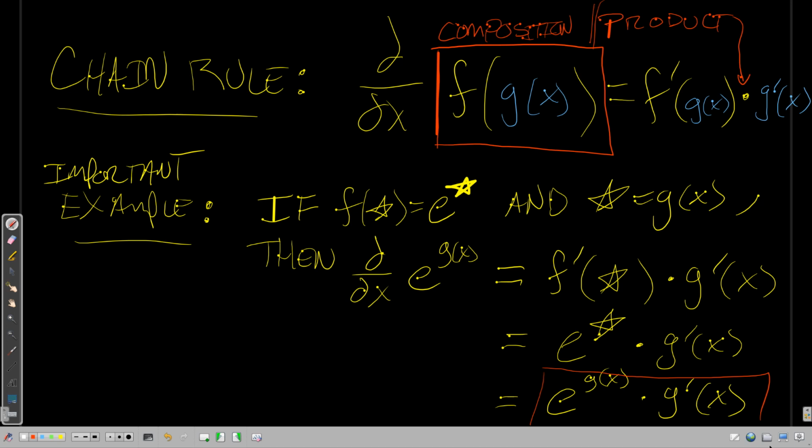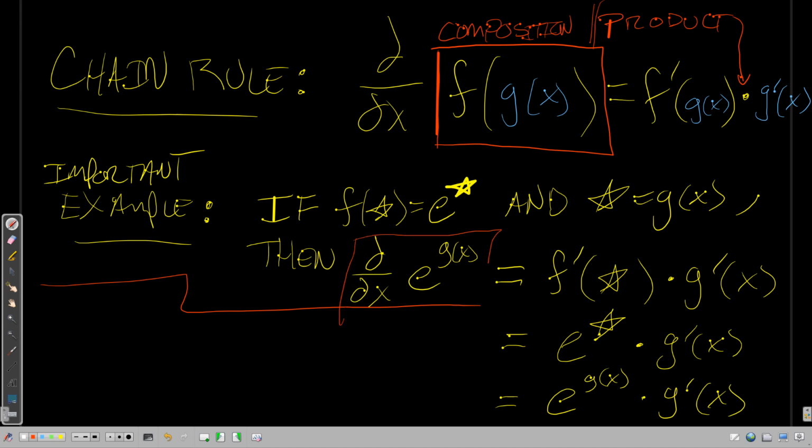Like this is a special case, not a special case. For a little while they did this as a separate rule. We don't need it as a separate rule. We have the chain rule. The separate rule was if you have the derivative of e to some function, it was e to that function times the derivative of that function.